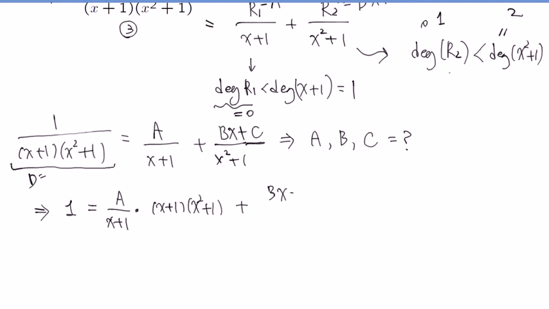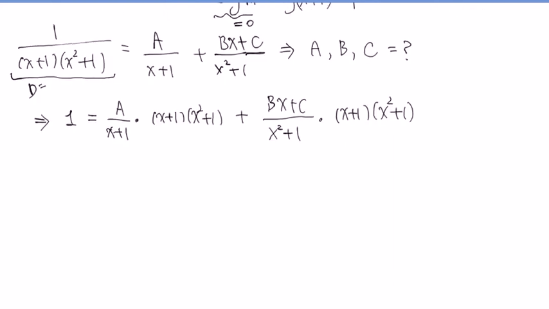And bx plus c times x plus 1 as well, multiplied by x squared plus 1. I multiplied the denominator, so it canceled the original denominator on the left-hand side. On the right-hand side, guaranteed by Bezout's identity to be in that shape, you multiply the denominator there. See this x plus 1 cancels? Right? And this x squared plus 1 cancels here, right?